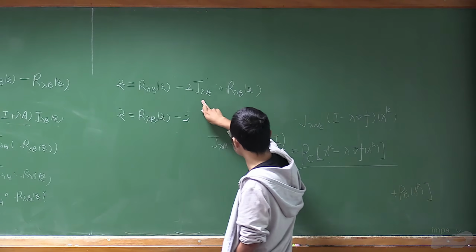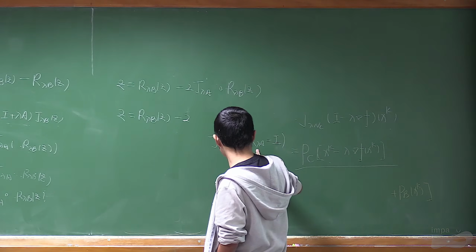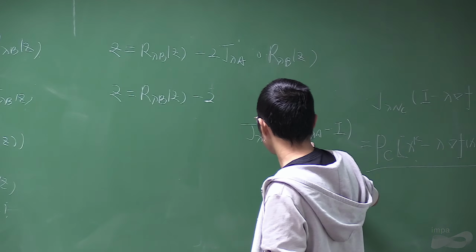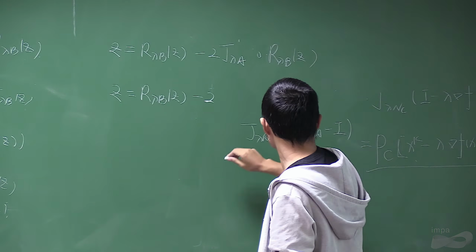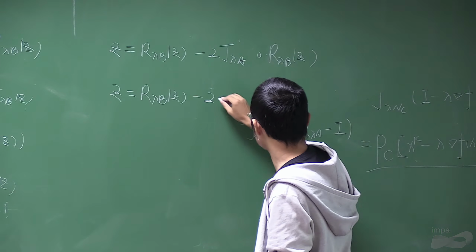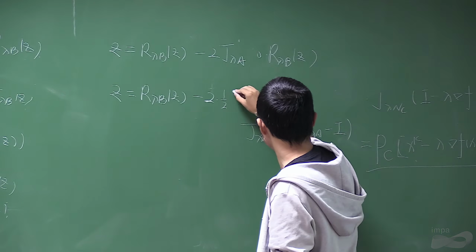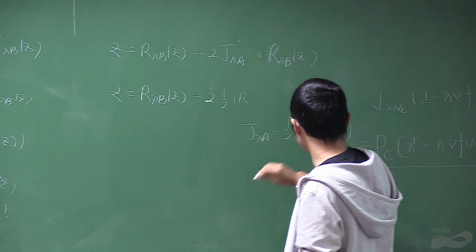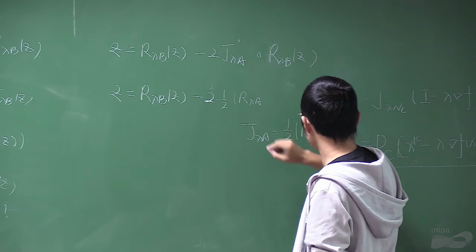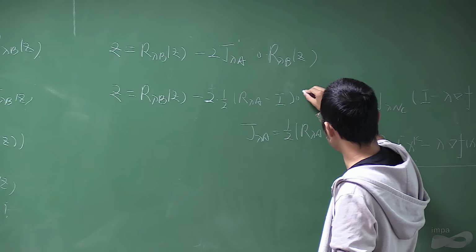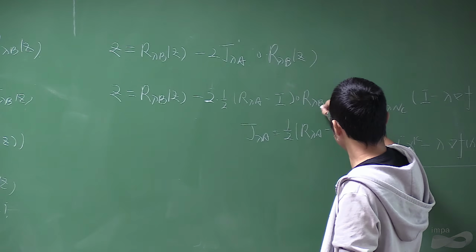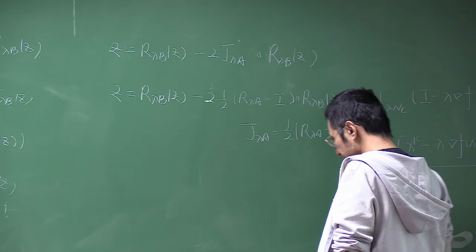So it becomes the reflection. This becomes not 2 times 1 over 2 reflection of A minus identity, composition with this.